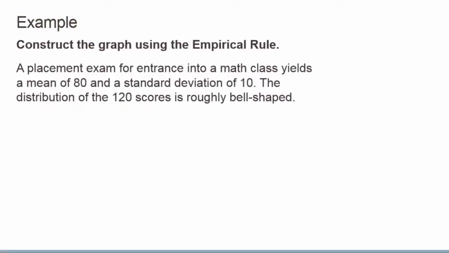Example: construct the graph using the empirical rule. A placement exam for entrance into a math class yields a mean of 80 and a standard deviation of 10. The distribution of the 120 scores is roughly bell-shaped. So what we know at this point is that our mean is equal to 80 and our standard deviation is equal to 10.